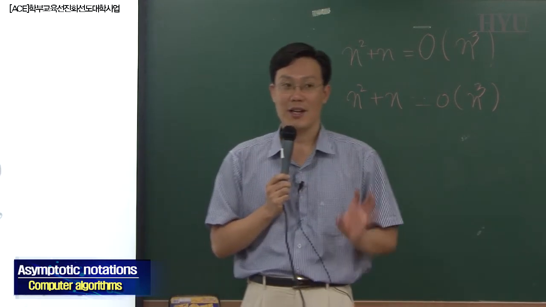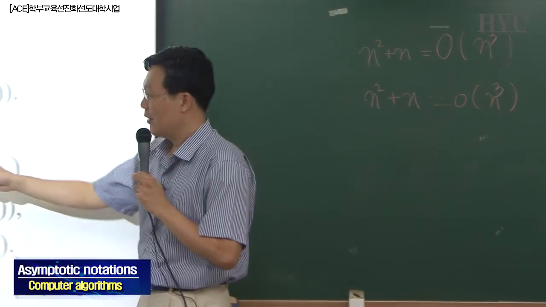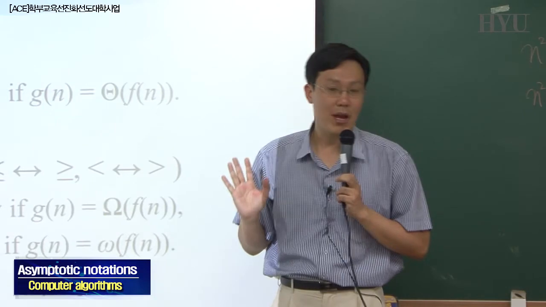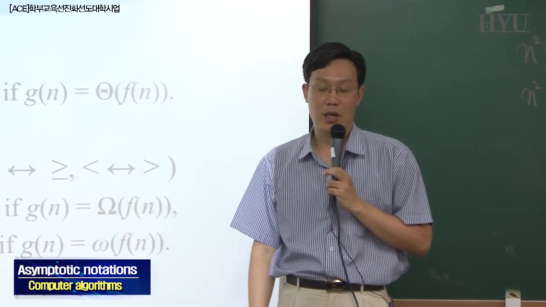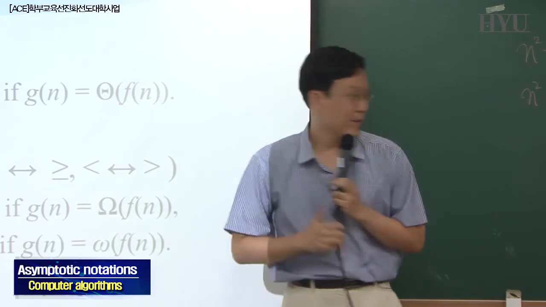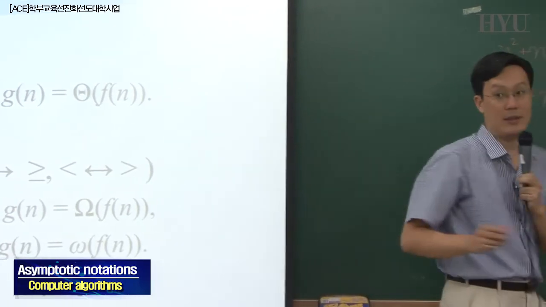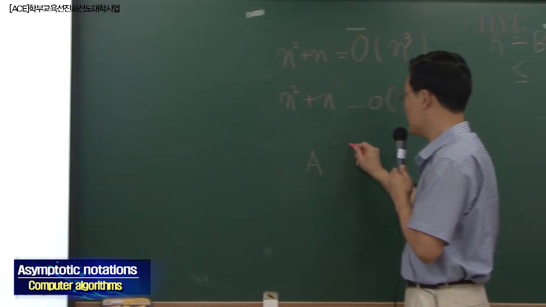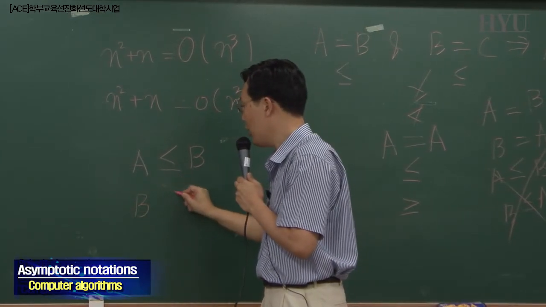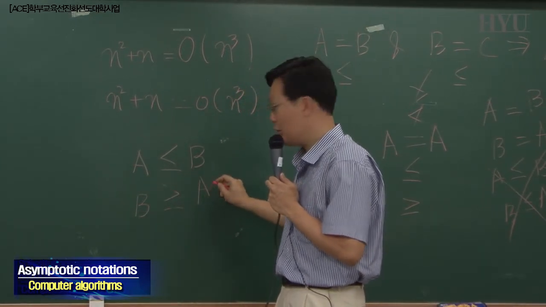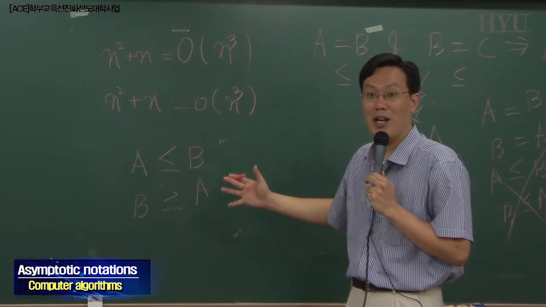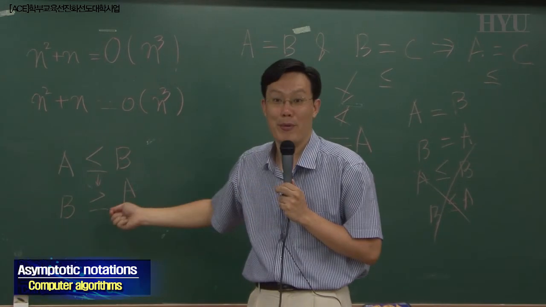Instead, the other operators have transpose symmetry nature. That is this. If A is smaller than or equal to B, we know that B is greater than or equal to A. So we can swap the operands by replacing the operator.